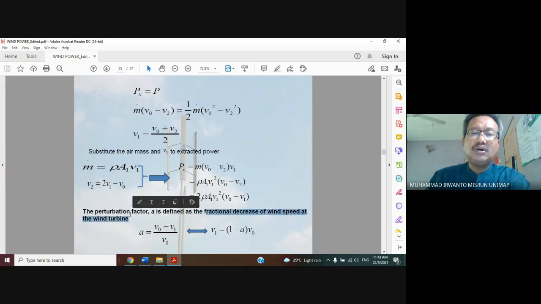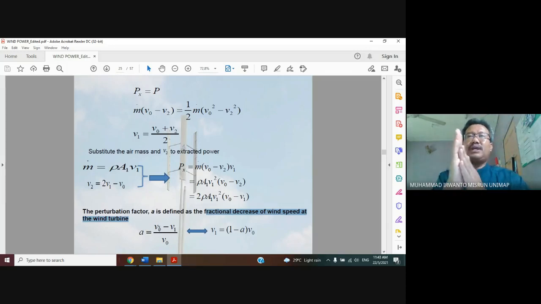And then the value of perturbation factor A is given by the wind speed in front of the wind turbine minus the wind speed at the wind turbine, divided by the wind speed in front of the wind turbine. Or we can also write V1 is equal to (1 minus A) multiplied by V0. This one.